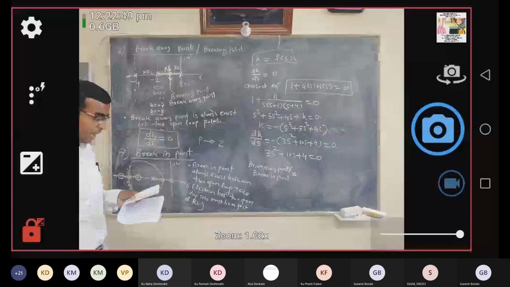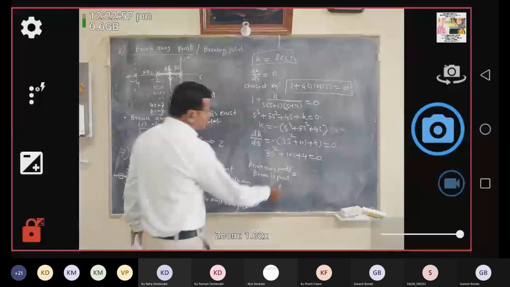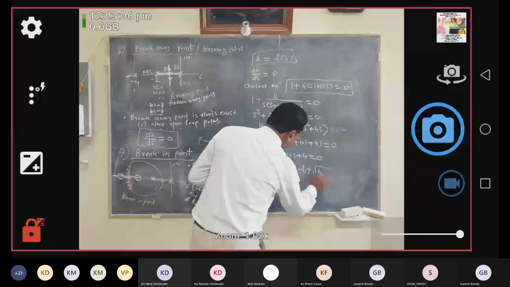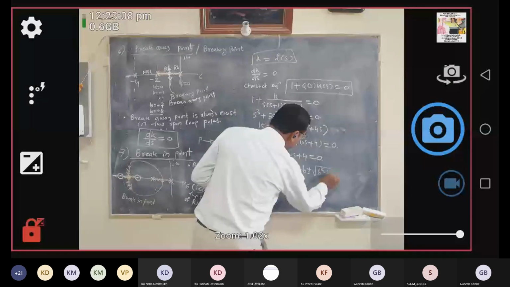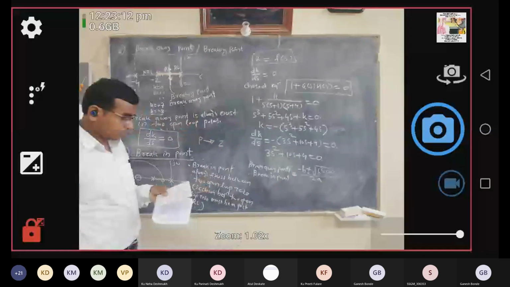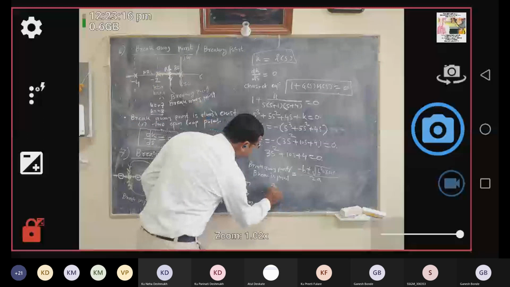So here you just apply the formula, minus b plus minus square root of b square minus 4ac upon 2a. Okay, so you can apply that formula here, that is minus b plus minus square root of b square minus 4ac upon 2a. So you just substitute the values here.